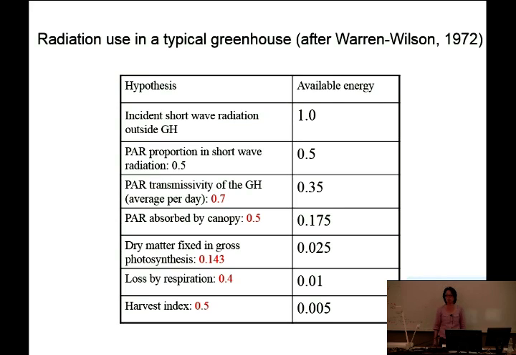Transmission of the greenhouse can be improved. And absorption by canopy can be improved by designing the greenhouse, eliminating wasteful space. Planting density, right? That also can be adjusted to maximize the space use, and therefore the light use.